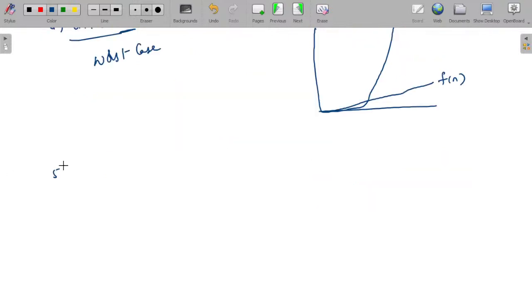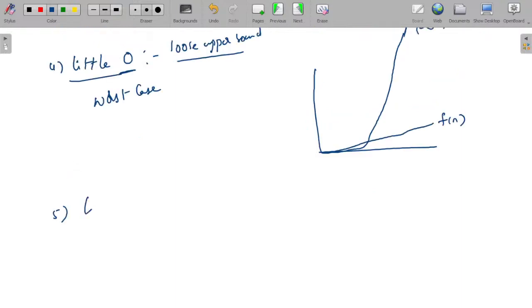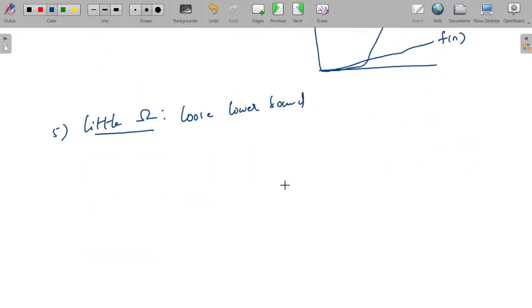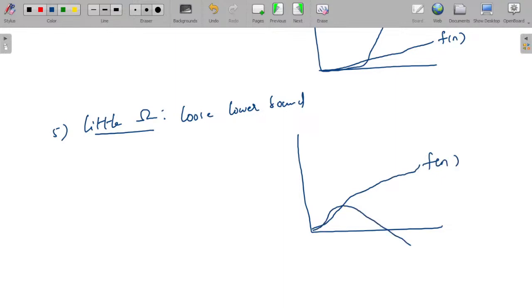And the last one is little omega notation. Similar to little o notation, it is used to represent a loose lower bound. So the graph would look something like this: if you take this as f of n, the little omega curve would go to negative infinity.